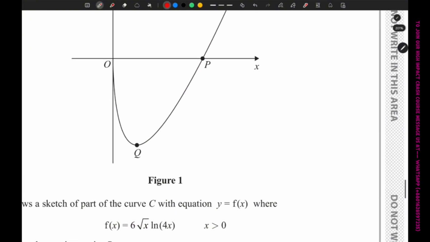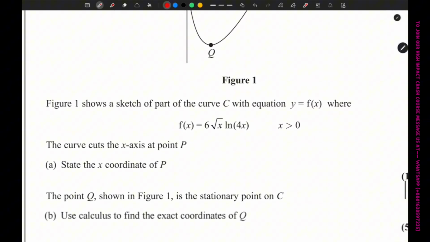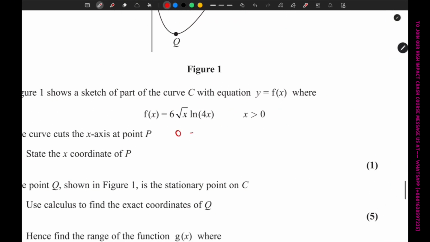We know that at the x-axis the value of y is 0. So we can say that 0 equals 6√x ln 4x. Now we know that one of the solutions will be x equals 0 from this part, and the other solution will be ln 4x equals 0.